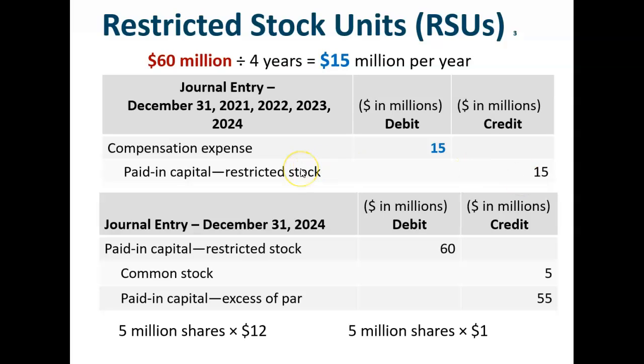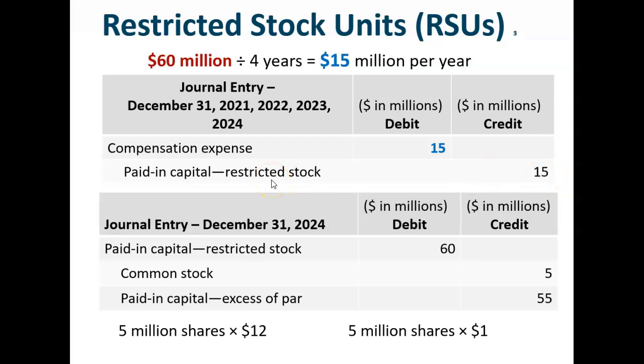I think you can see that after this journal entry is made 4 times, at December 31st, 2021, 22, 23, and 24, we will have accumulated $60 million in the paid-in capital - restricted stock account, which is an equity account.